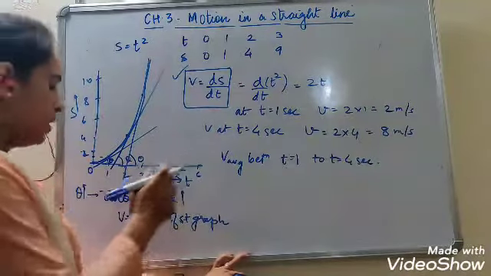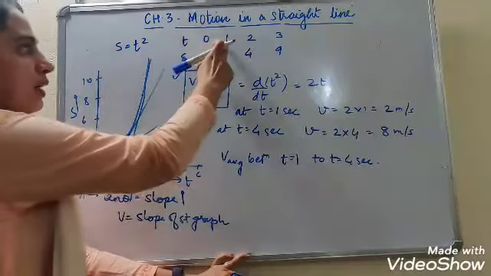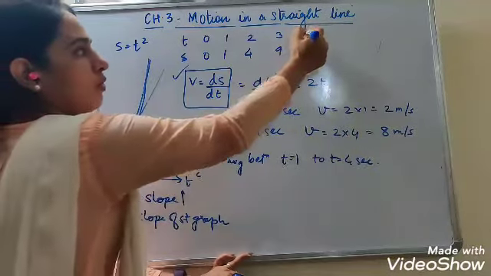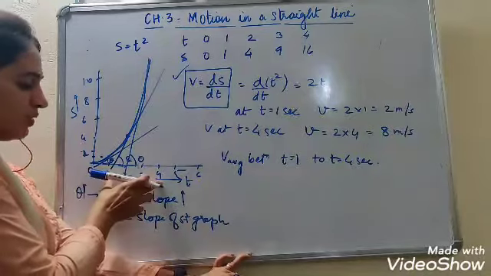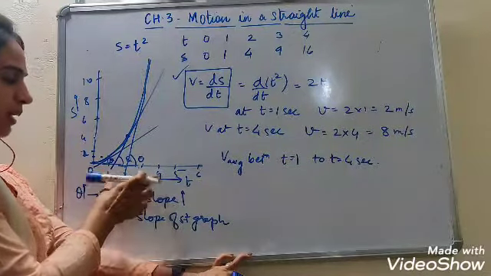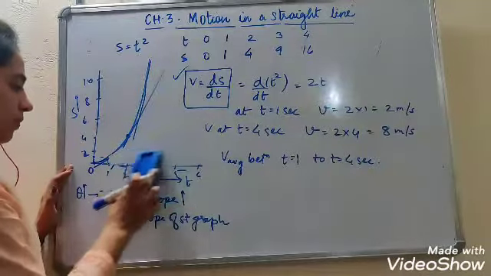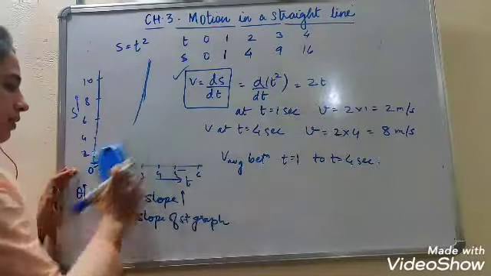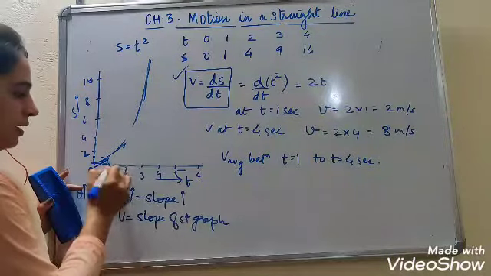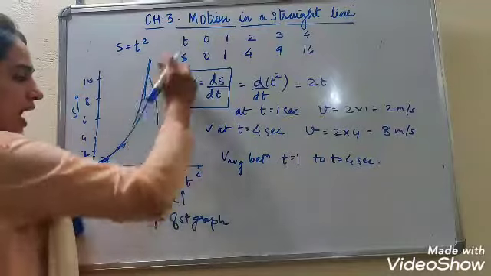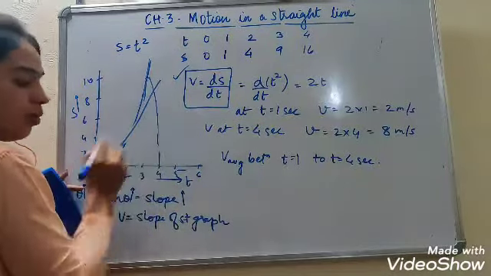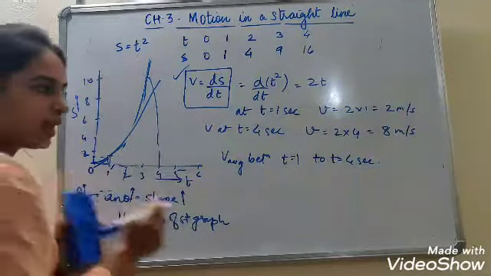So here time is 1 and time is 4. Between this time, what is the average velocity of the body during this time interval?